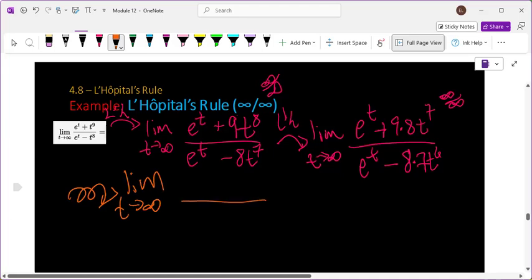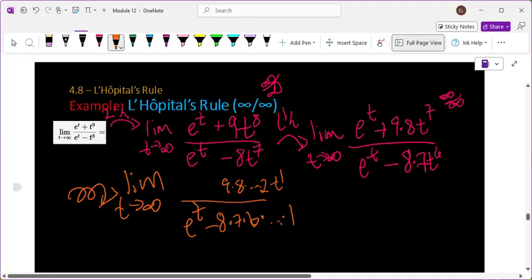So on the bottom, eventually, we're gonna get e to the t minus 8 times 7 times 6, blah, blah, blah, all the way down to times 1. And on the top, that will be 9 times 8 times blah, blah, blah, all the way down to 2. And that'll be t to the 1st.